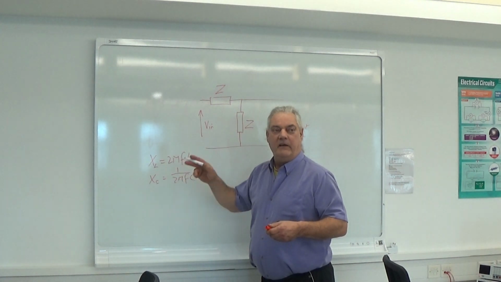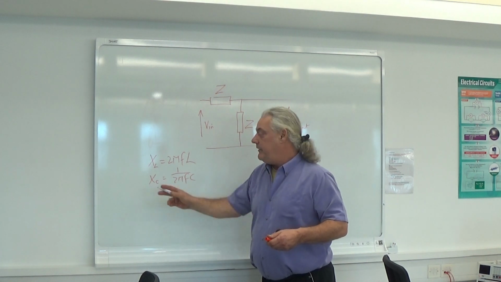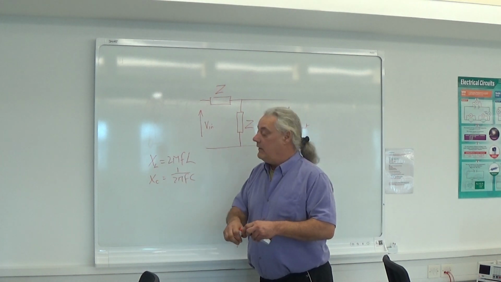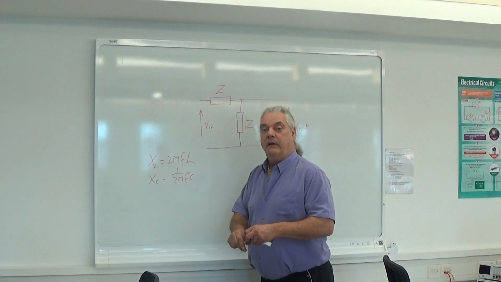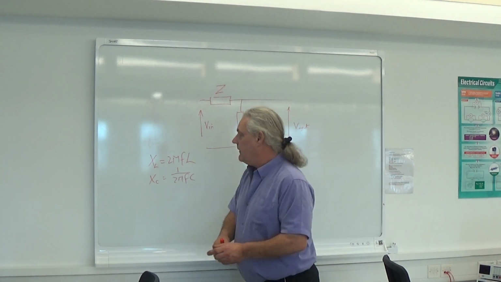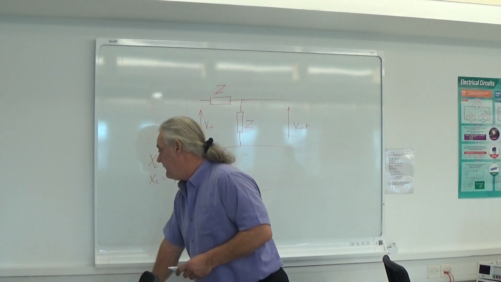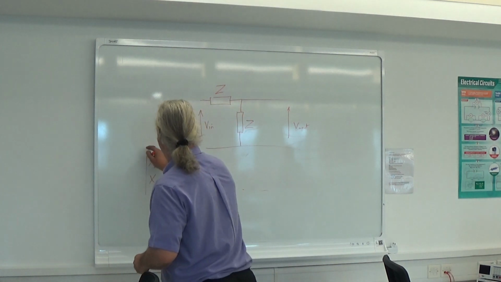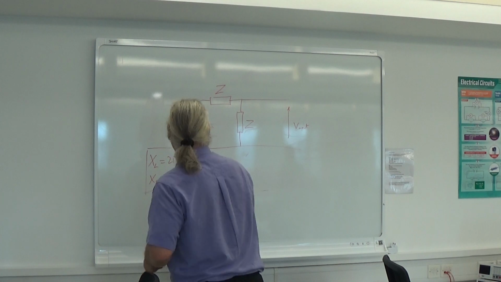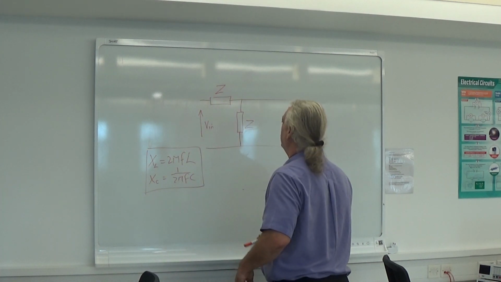Now the impedance is frequency dependent. The impedance is complex, but the impedance is frequency dependent. So really, really exciting stuff there. Okay, I'll put them in a box. So if you didn't know that, you can copy that down.